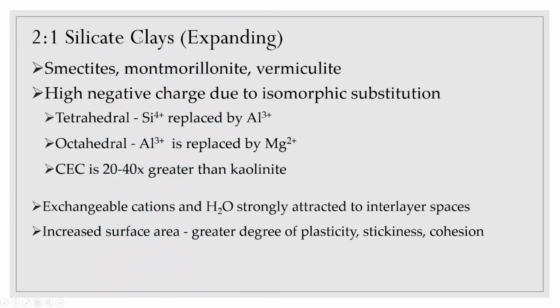However, for our 2-to-1 silicate clays, these are going to be our expanding soils. And so they can kind of expand like a sponge. And so these are going to be our smectites, montmorillonites, and vermiculite. And they have this higher negative charge due to isomorphic substitution.